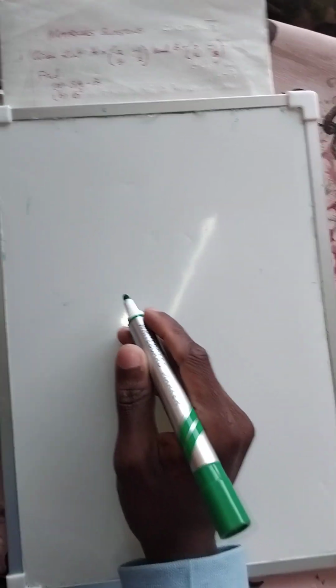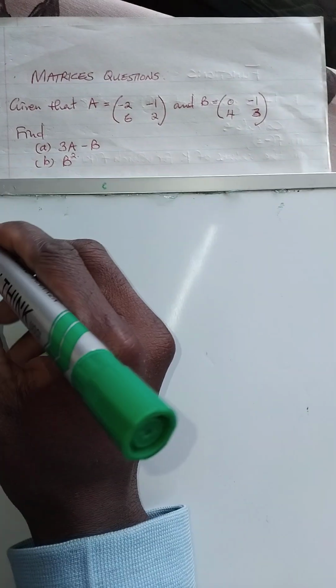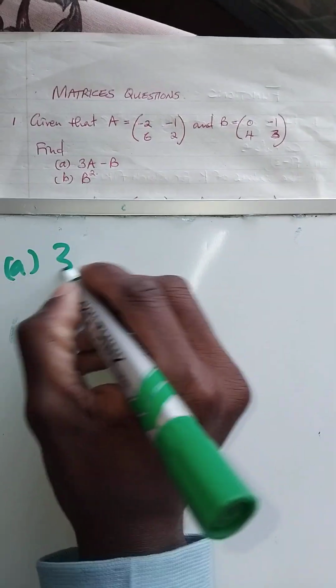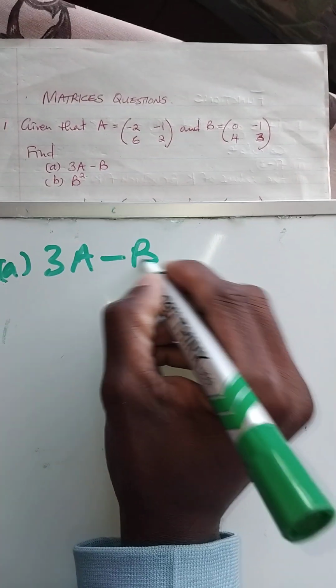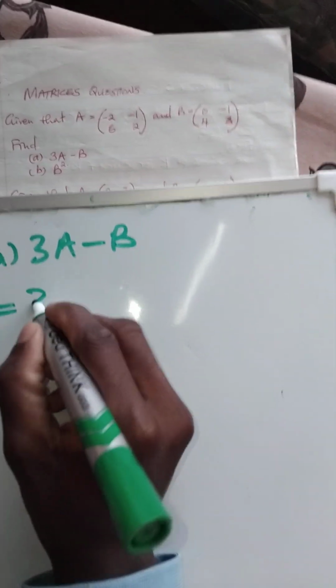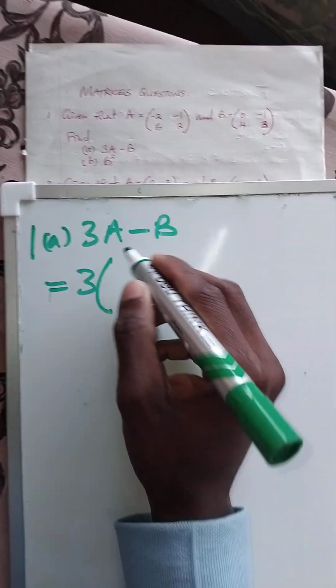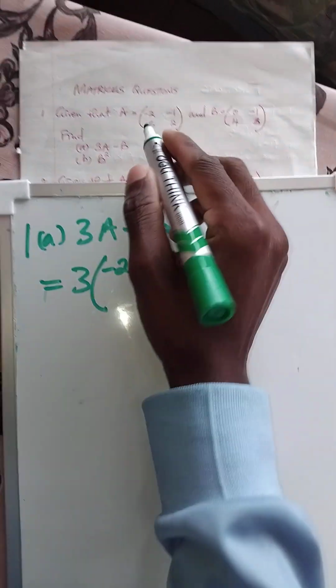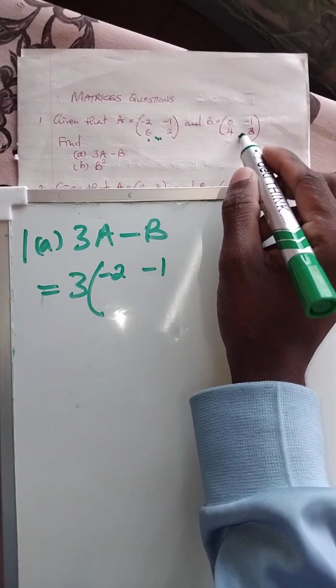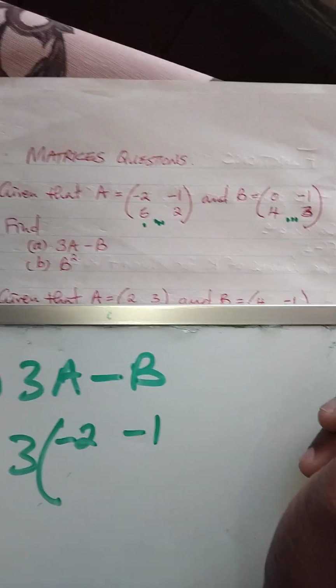Right, tine number 1 yatida kuita. Number 1 a iri kuti iyo 3A minus B anditika. So 3 matrix of A ndiani the negative 2 negative 1 and this one, then matrix B and it munyatsozona.